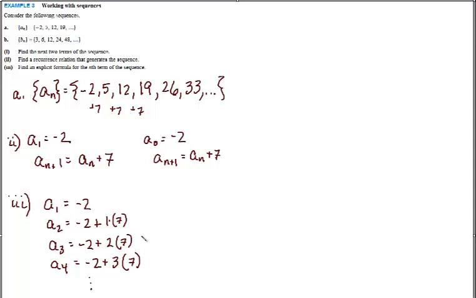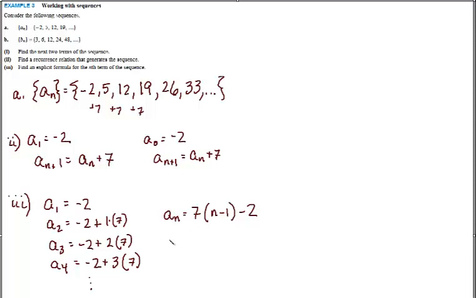Because on this explicit formula, I'm going to be saying that a sub n is going to be 7 times n minus 1 plus negative 2, or minus 2. And if I would have started at 0, I could have just had this as just a plain n.